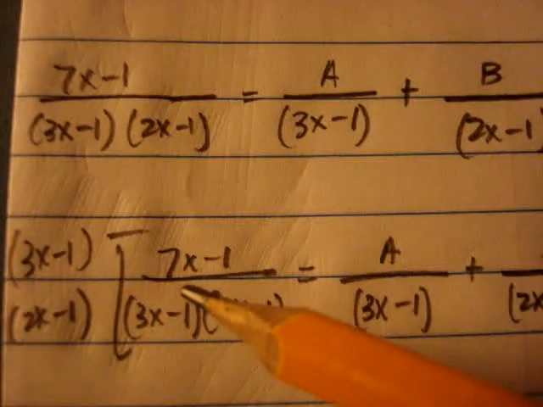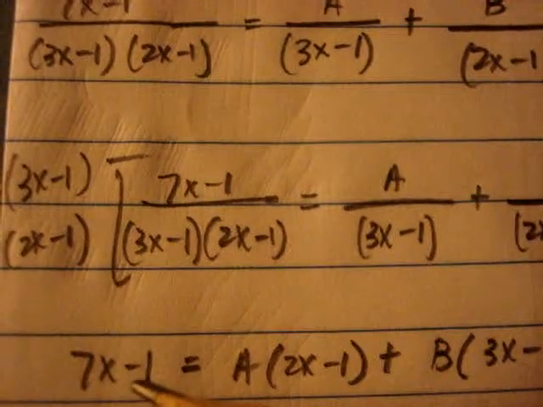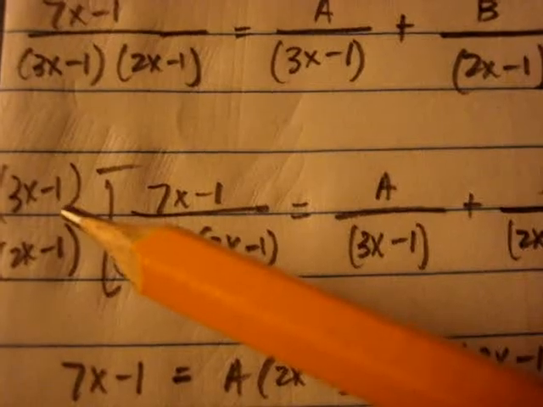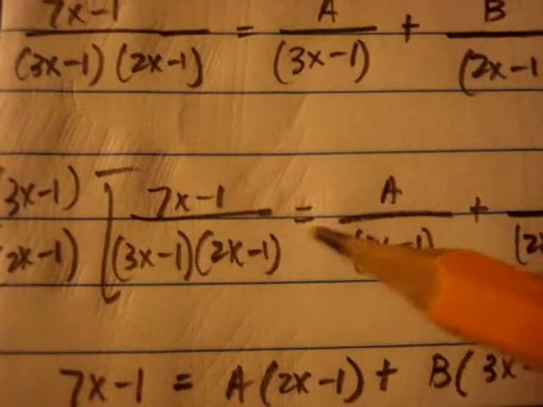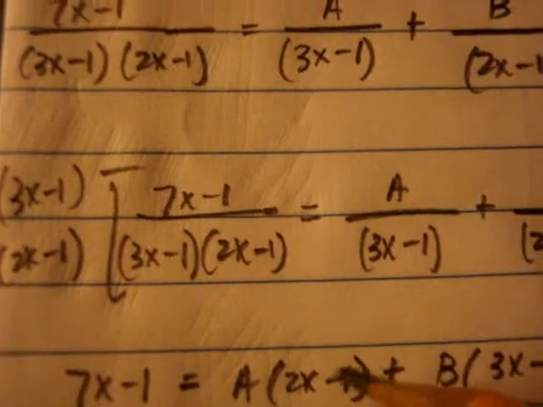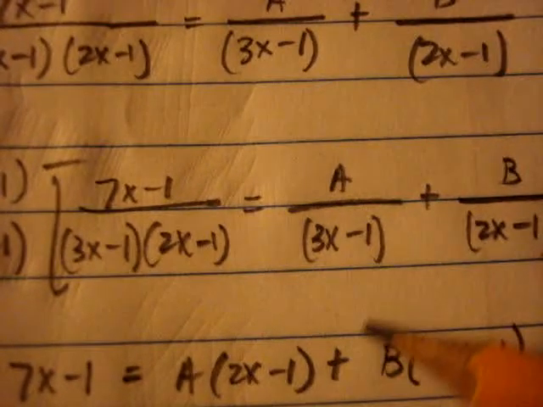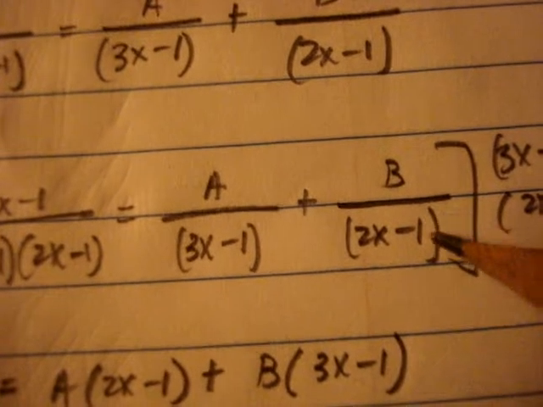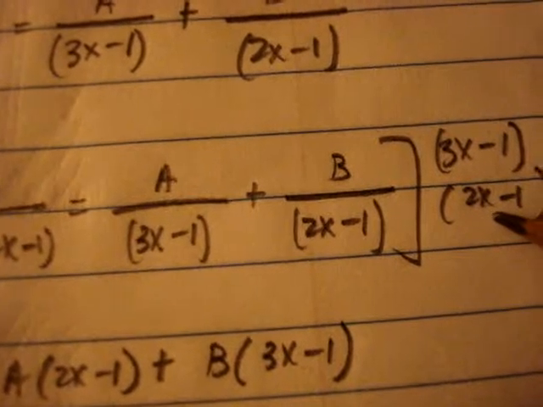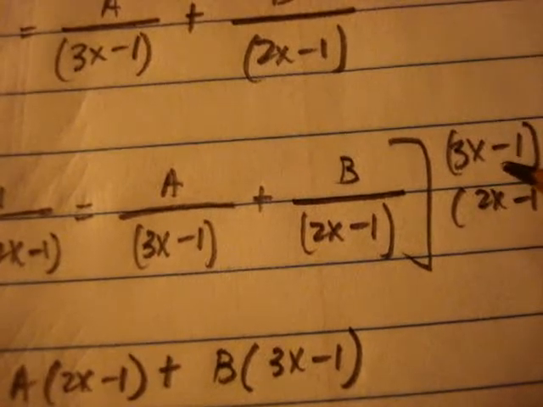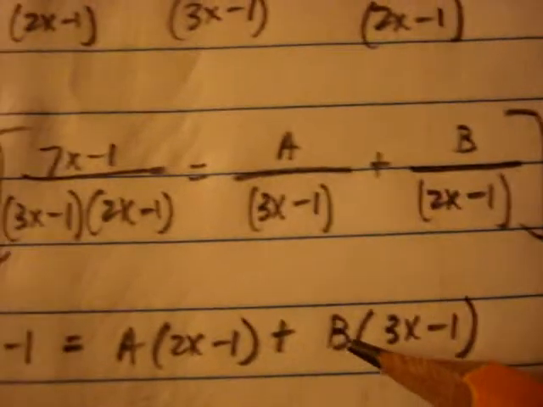So you're left with the 7x minus 1. As for the A, the 3x minus 1 cancels with the 3x minus 1 right here, and you're left with A times 2x minus 1. So you copy down the plus exactly, and as for the B, the 2x minus 1 cancels with the 2x minus 1, and you have 3x minus 1 times B.